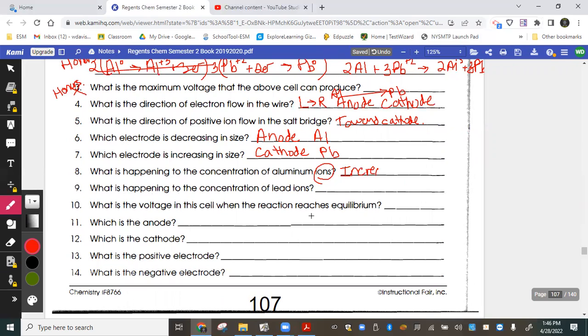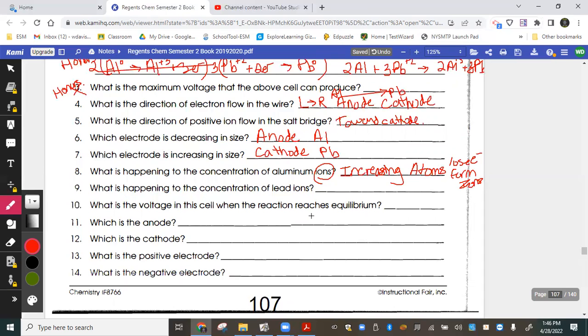They're increasing because those are losing electrons, right? So what's basically happening in terms of atoms and ions, atoms lose electrons to form ions, right? That's what's happening on the side that is oxidizing over there.